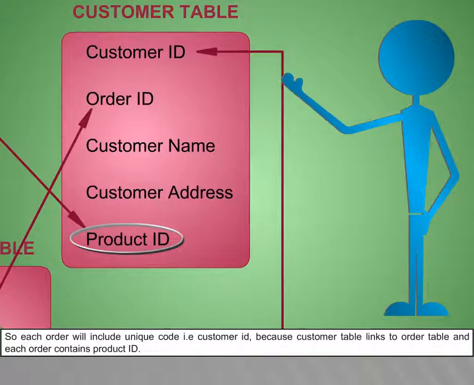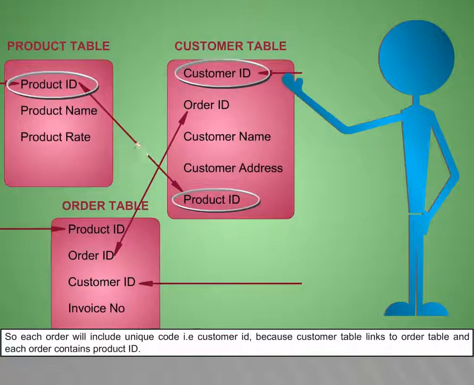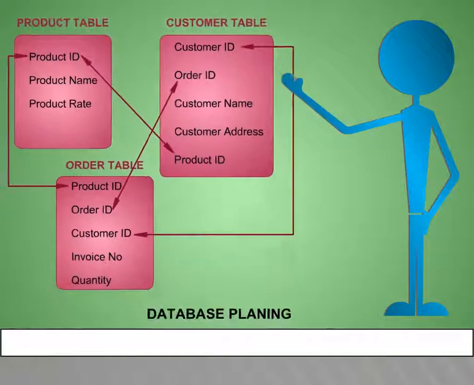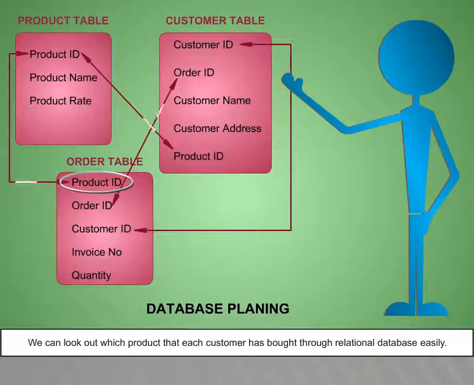So, each order will include a unique code, that is customer ID, because the customer table links to the order table, and each order contains product ID. We can look out which product each customer has bought through a relational database easily.